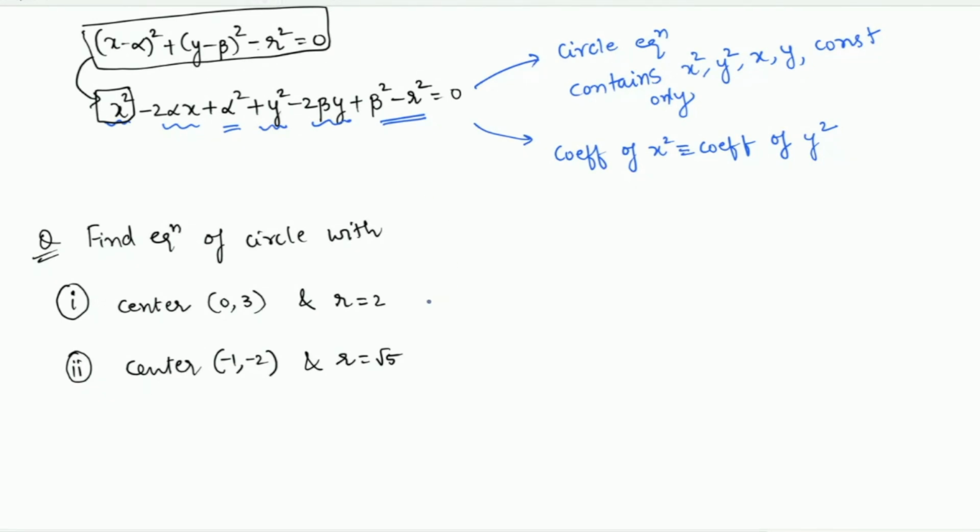What is the answer to this question? x minus the x coordinate of the center whole square plus y minus the y coordinate of the center whole square is equal to radius square. And the answer to the second: (x minus minus 1) whole square plus (y minus y coordinate of the center) whole square is equal to (root 5) whole square.